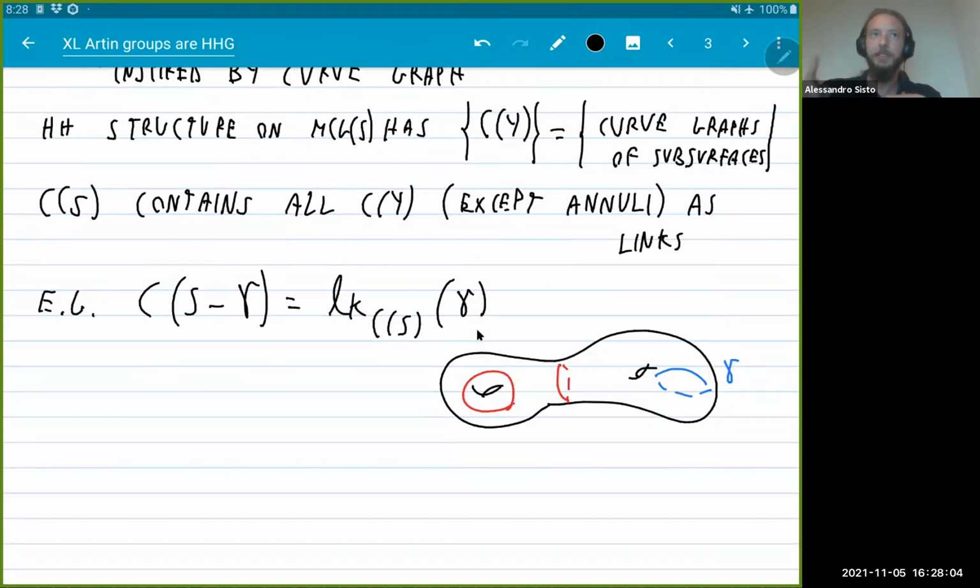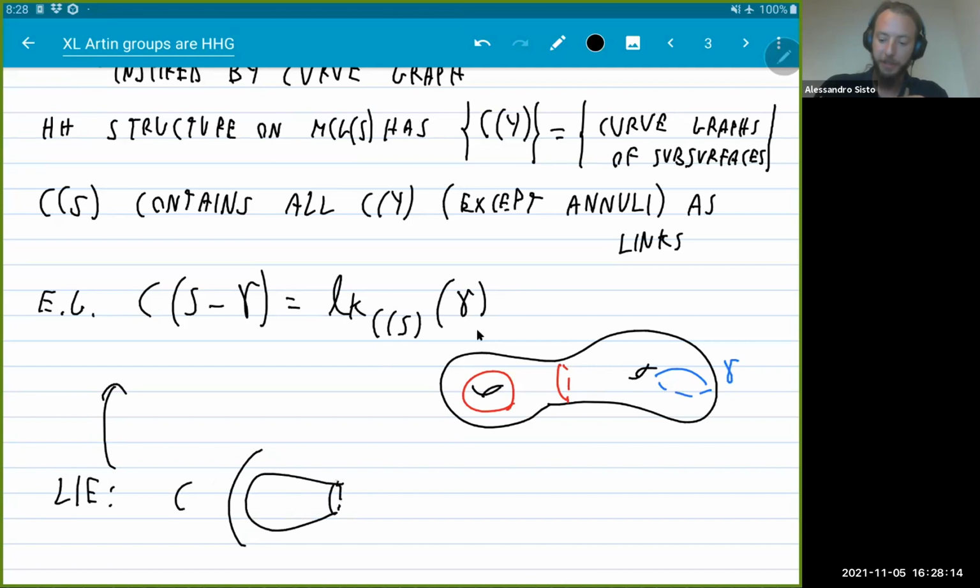No, it's a lie. Okay, it's a small lie, because the curve graph of one-punctured tori and four-punctured spheres as well have adjacency defined differently.